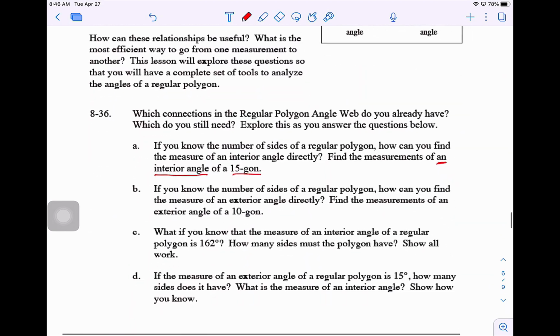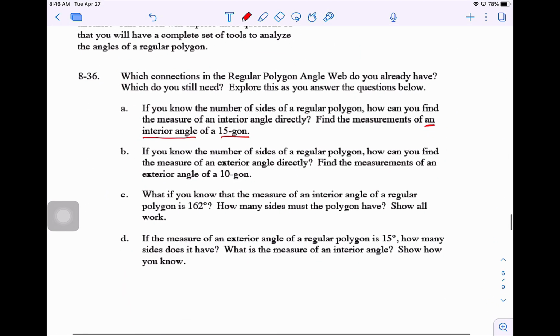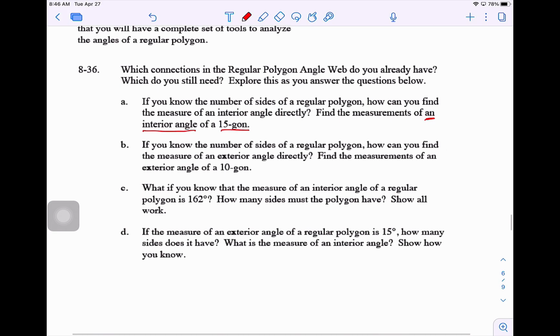So on this first problem, we know we've got a 15-gon and I want to find what each angle equals. We figure out the sum of all of the angles first and then divide it by 15. So in this case, we would do 180 times (n minus 2), so 15 minus 2. That will give me the sum of all of the 15 angles, which, by the way, should be 2,340.